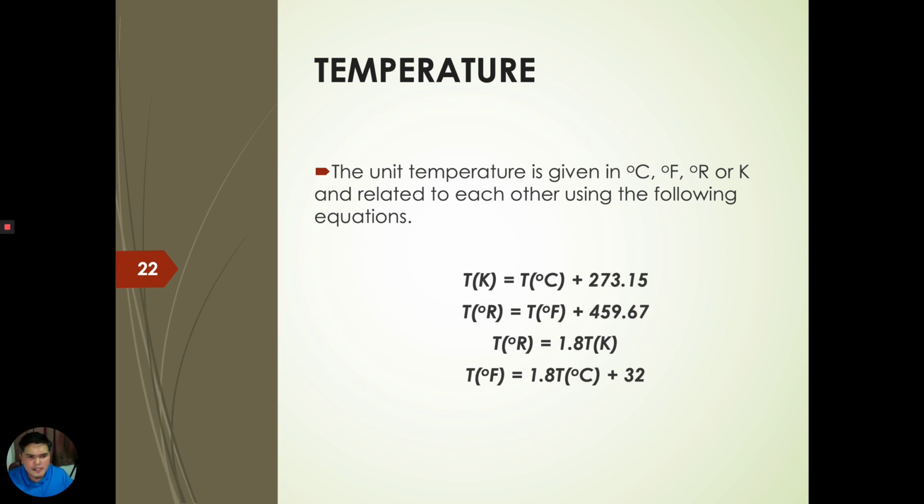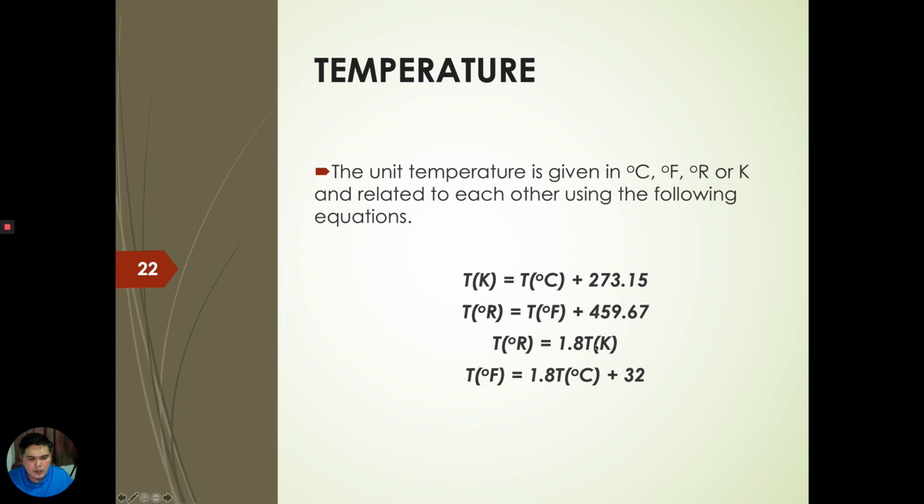The unit of temperature is given in degrees Celsius, Fahrenheit, degrees Rankine or Kelvin, and they are related to each other using the following equations. There are several conversions you can use. For example, to convert temperature in degrees Celsius into Kelvin, you just add 273.15. To convert Fahrenheit to Rankine, you add 459.67 to get the new temperature in a different unit.